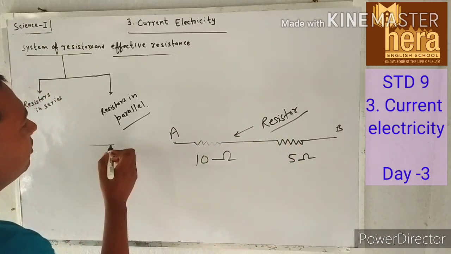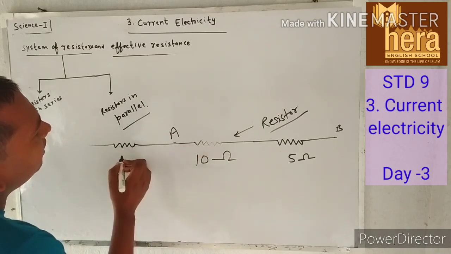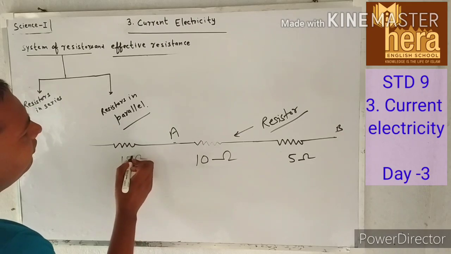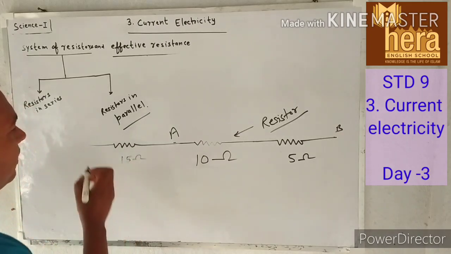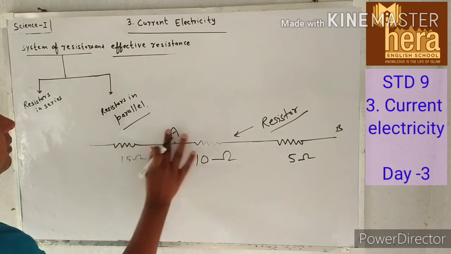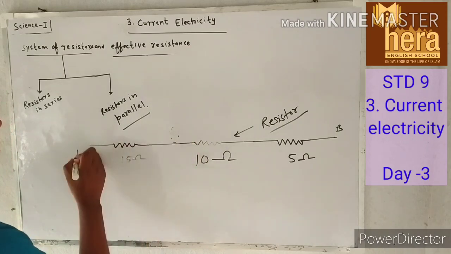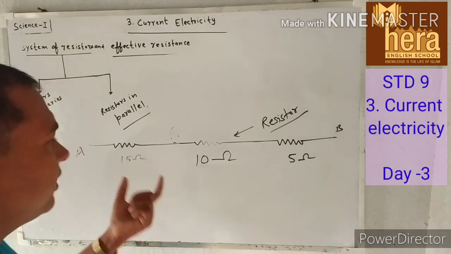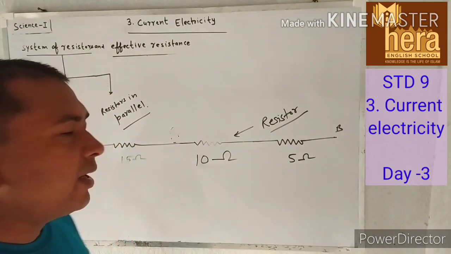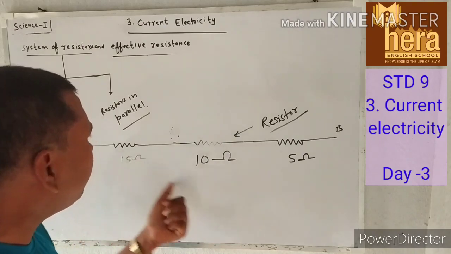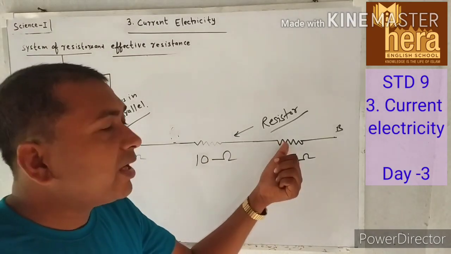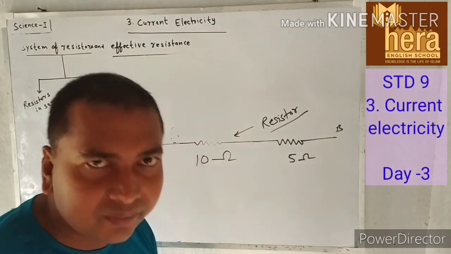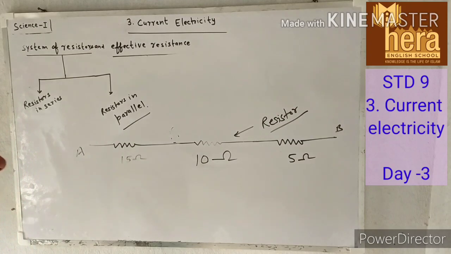If we connect one more resistor here, having resistance, say, 15 ohm, any value you can take, then there are three resistors having resistance 15 ohm, 10 ohm and 5 ohm connected between points A and B. Understood?